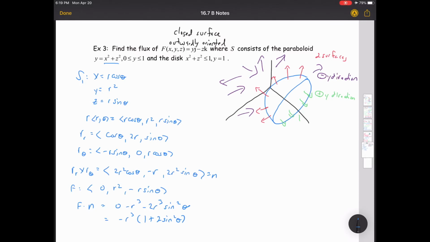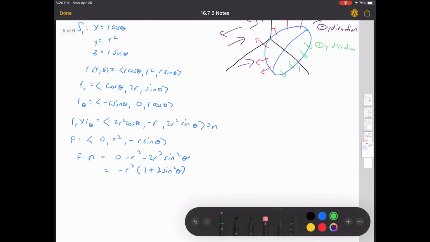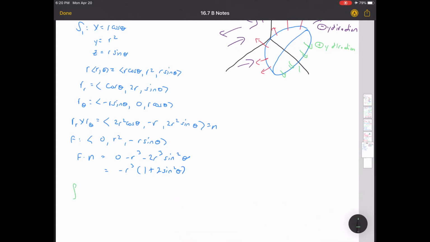So now let's go ahead and set this up in our integral. So we're going to have a double integral. We're talking about r's and thetas. Well, r has to go from 0 to 1. Theta has to go from 0 to 2 pi of negative r cubed times 1 plus 2 sine squared theta, dr d theta.